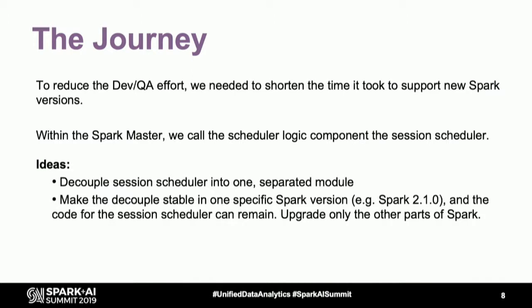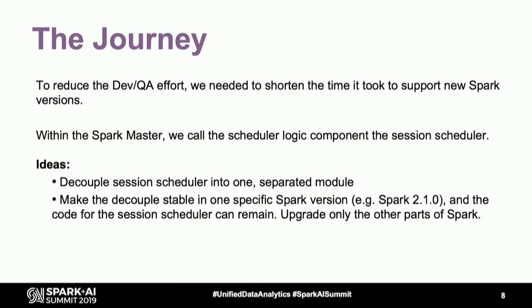To do that, let me first introduce a concept. Within the Spark master, all the logic that does our scheduling is something we call the session scheduler. It's a concept that we've used throughout various products that Ego belongs to, and that we'll look at for other workloads.